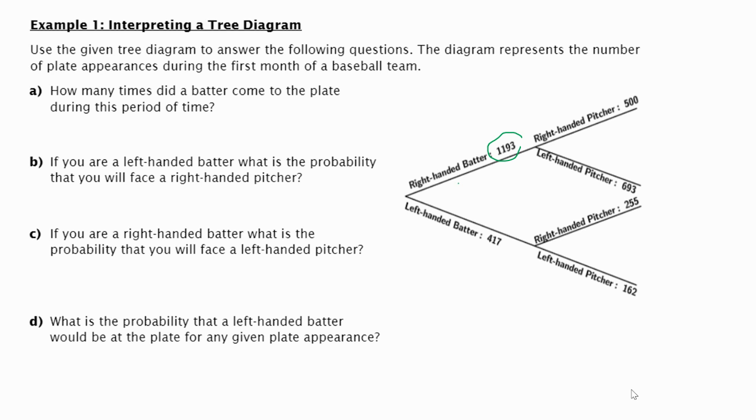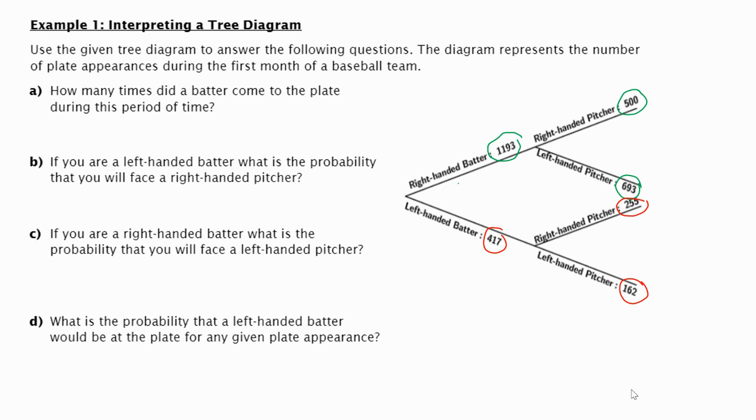For this league, there were 1,193 people that were right-handed and batted, and of those, 500 bats were against a right-handed pitcher, and 693 were against a left-handed pitcher. Of the left-handed batters, there were 255 that had a bat against a right-handed pitcher versus a left-handed pitcher.